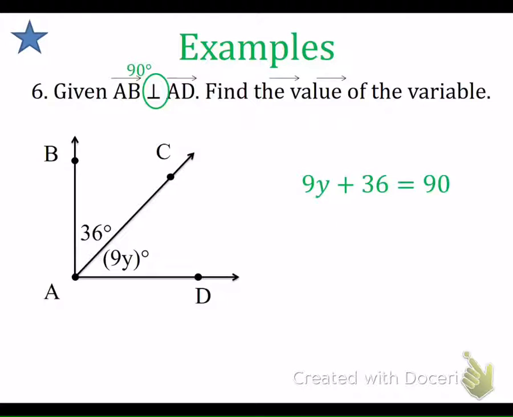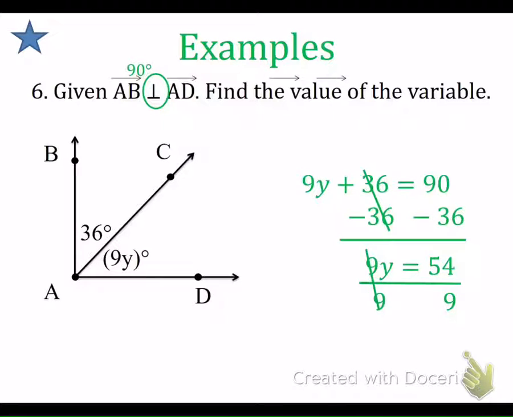Now, addition is commutative, which means the order doesn't matter. So mine says 9y. If you put the 36 in the front, you'll get the same thing. Either way, we subtract 36 from both sides. What's y equal? 6.